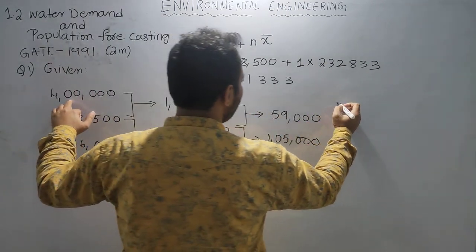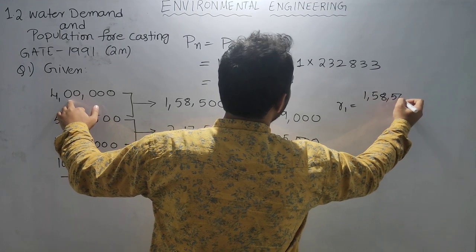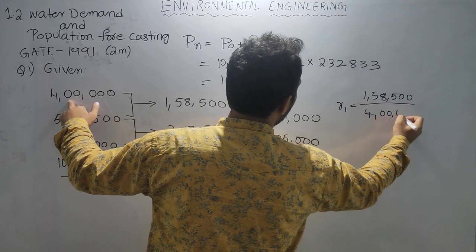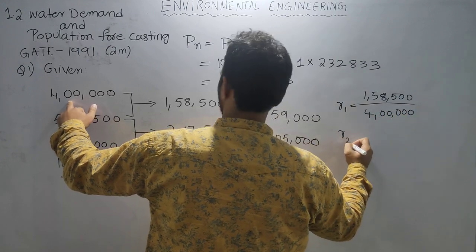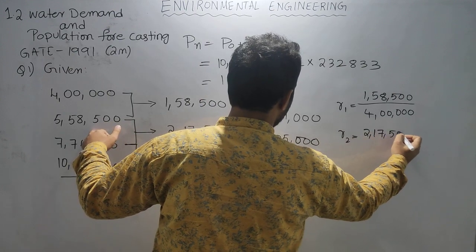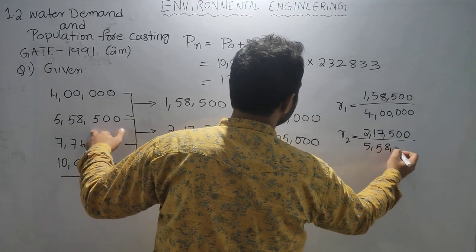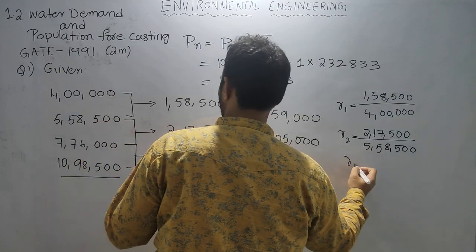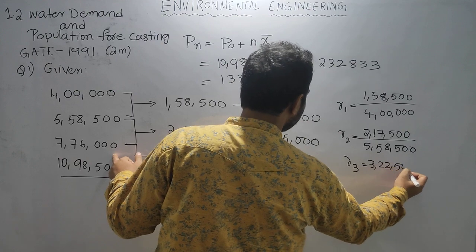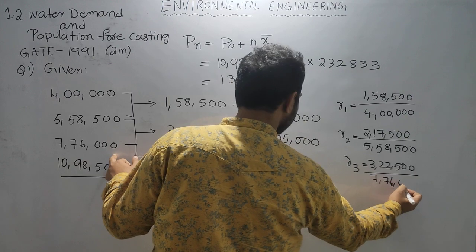So R1 is equal to 1,58,500 by 4 lakh, R2 is equal to 2,17,500 by 5,58,500, and R3 is equal to 3,22,500 by 7,76,000.